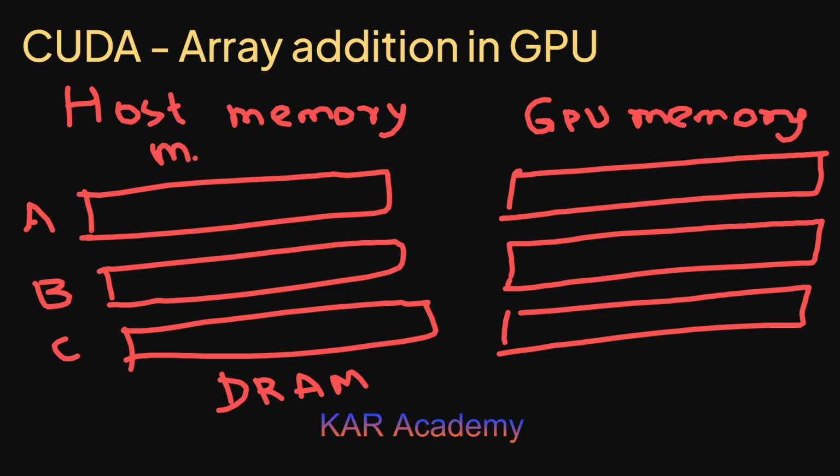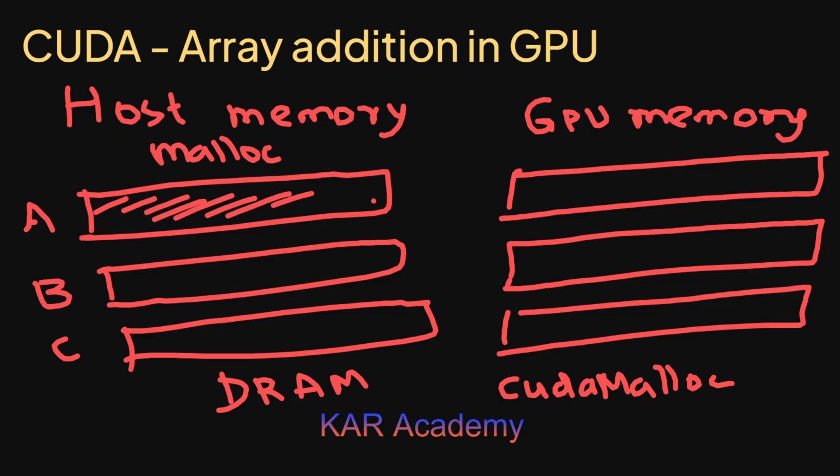There is a separate API available to allocate memory in the GPU. For host, we use something called malloc to allocate memory. In GPU, if you have to allocate, you have to use cudaMalloc. Once you allocate and fill these arrays, we will have to copy the contents from the host memory to the GPU memory.